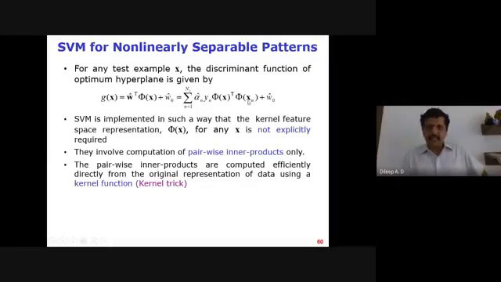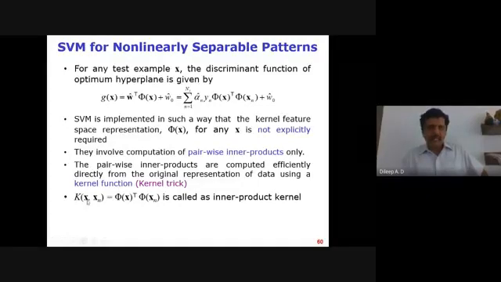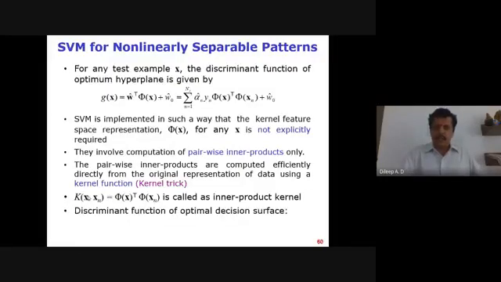Instead, suppose I define a function k on the input examples themselves, in the input space, such that its effect is equivalent to the inner product operation in the feature space. If I can come up with such a function, then I'm done. I need not worry about explicitly transforming into the feature space. This is the kernel trick.